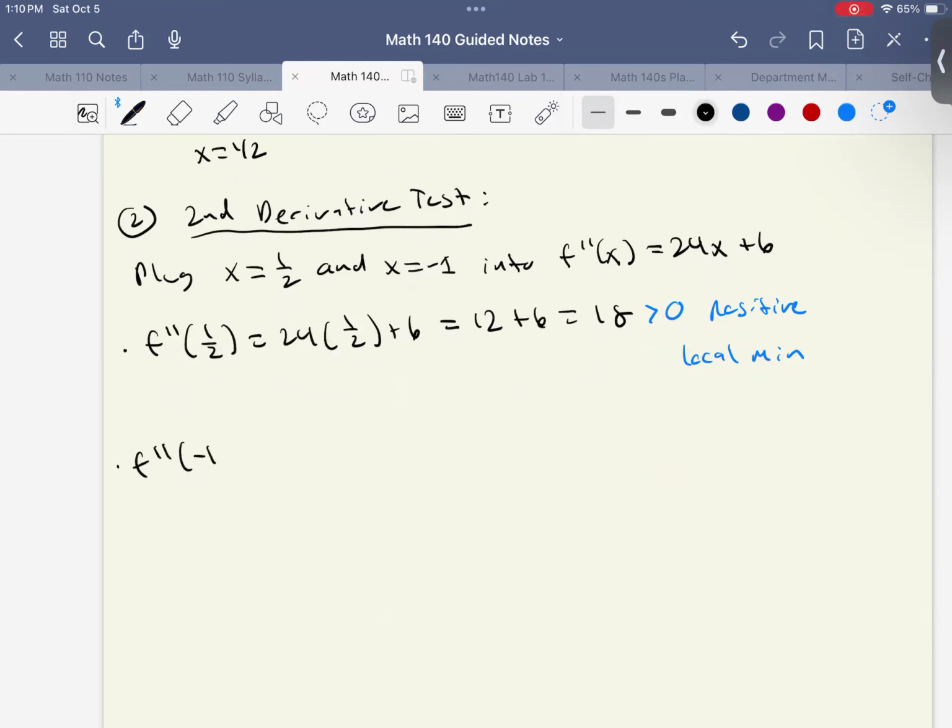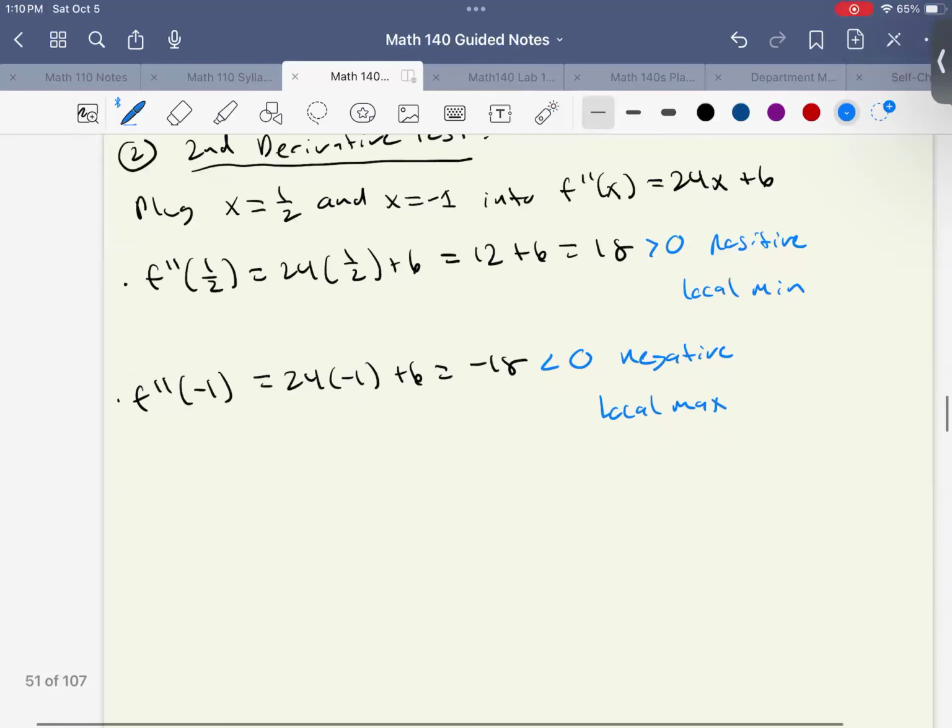F double prime of -1 is 24 times -1 plus 6, which is now -18, which is less than 0, meaning negative. And by that second derivative test, this means it's a local max. So let's put this all together.